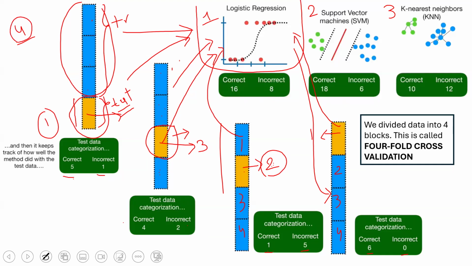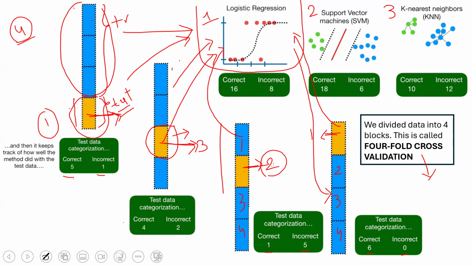So it has picked the fourth block as testing, third block as testing, second block as testing, first block as testing. So now we are breaking the whole data set into four blocks, right? So we call this fourfold cross validation.